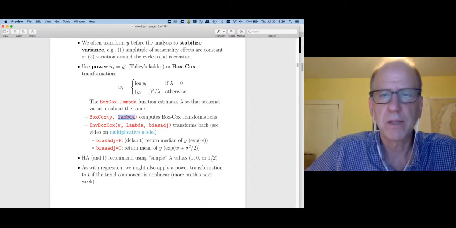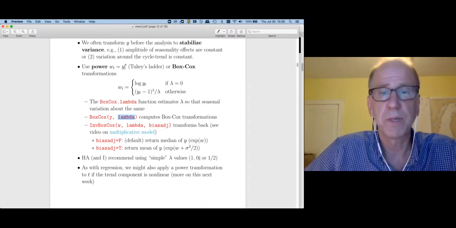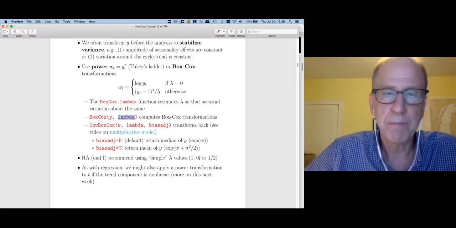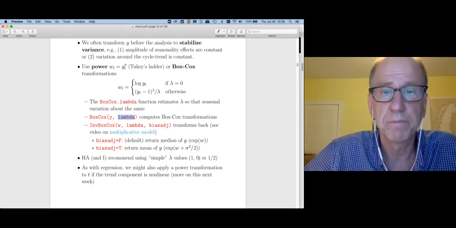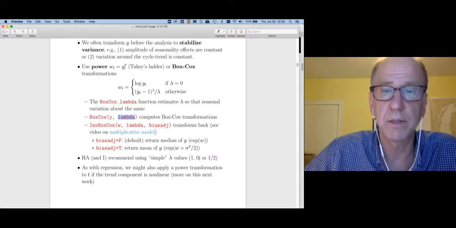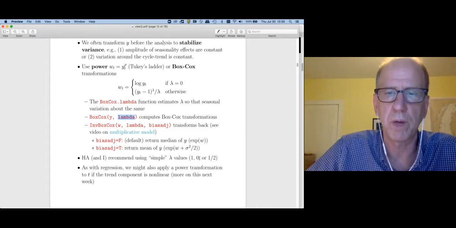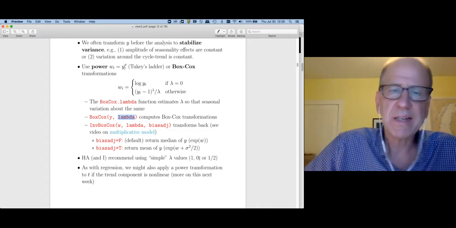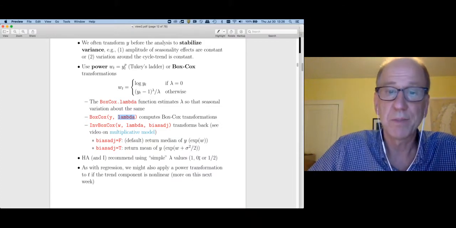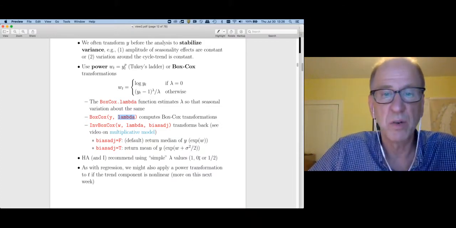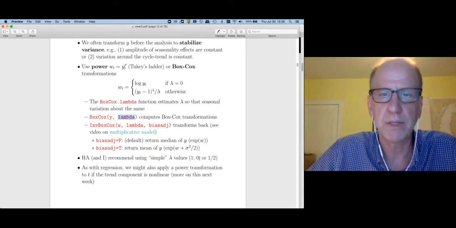I especially like the log function because it turns a multiplicative model into an additive model, as I suggested back in the first week, in the first video. I went over that. So I prefer logs in a case like this where it's 0.17. I'd round down to 0 and go with the log, if that makes any sense.